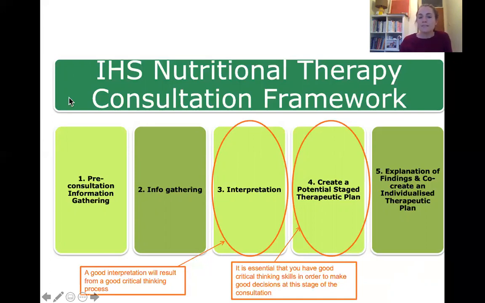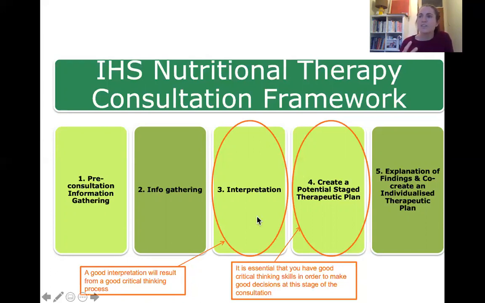This is the framework for the nutritional therapy consultation that we developed a long time ago now, but we broke the consultation down into 5 stages in order to support you while you found your feet in clinic. And really, all aspects of the consultation process require good critical thinking skills. If you've watched the videos, hopefully you have by now, I've given you good examples of where that comes in, but it's just good to highlight here.